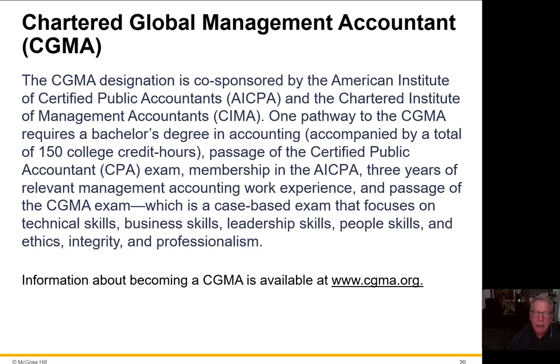And one pathway to the CGMA requires a bachelor's degree in accounting, accompanied by a total of 150 college credit hours, passage of the Certified Public Accountant exam, membership in the AICPA, 3 years of relevant management accounting work experience, and passage of the CGMA exam, which is a case-based exam that focuses on technical skills, business skills, leadership skills, people skills, and ethics, integrity, and professionalism.